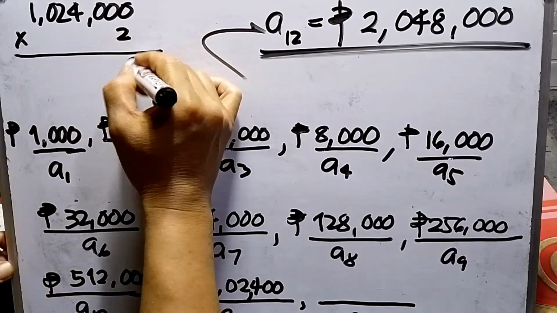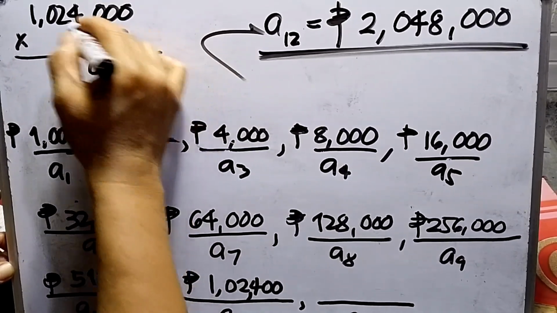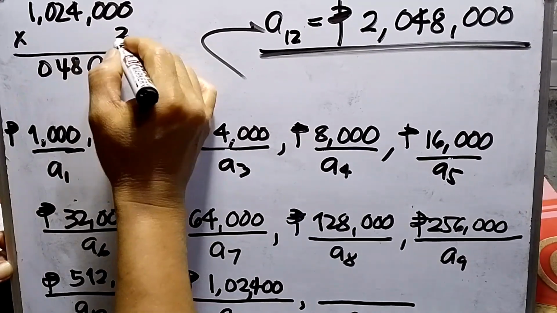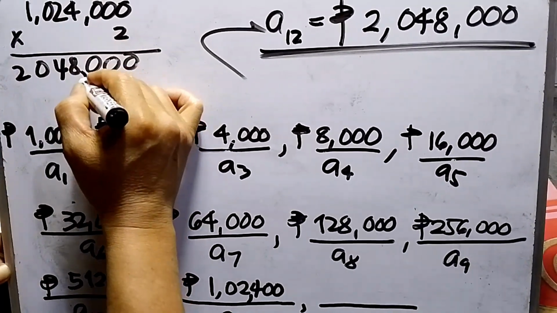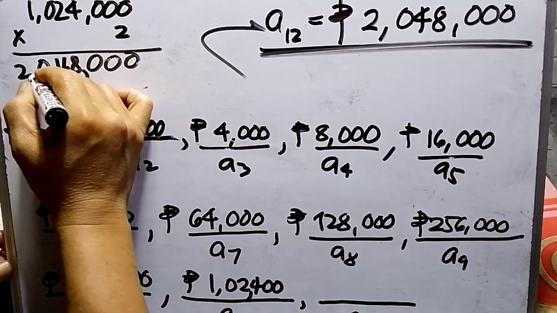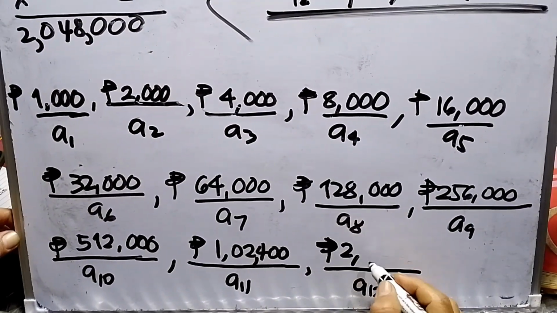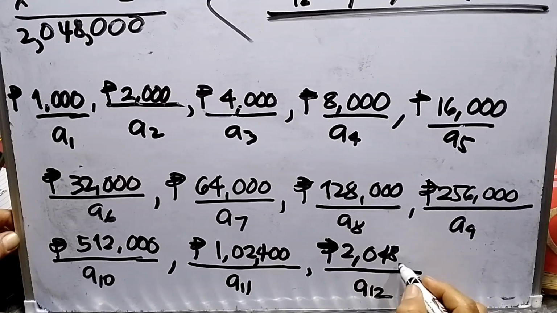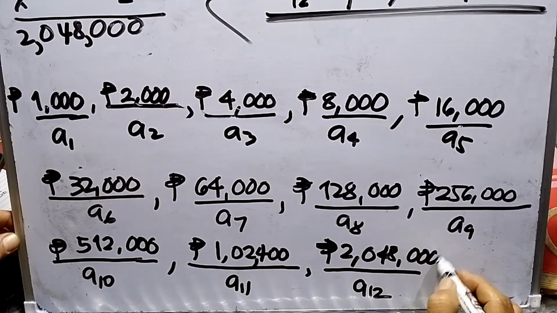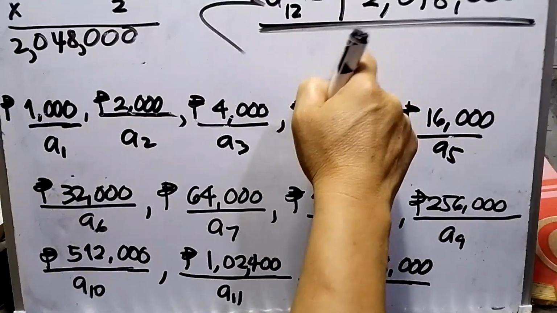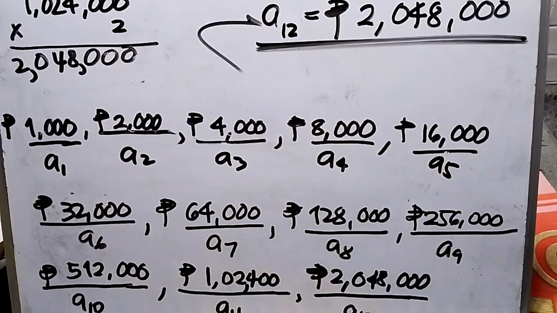So this will be 0, 0, 0, this is 8, this is 4, 0, 1 times 2 is 2. So I have 2,048,000. So that's my answer, the same as the computation. This is only for checking. So that's all.